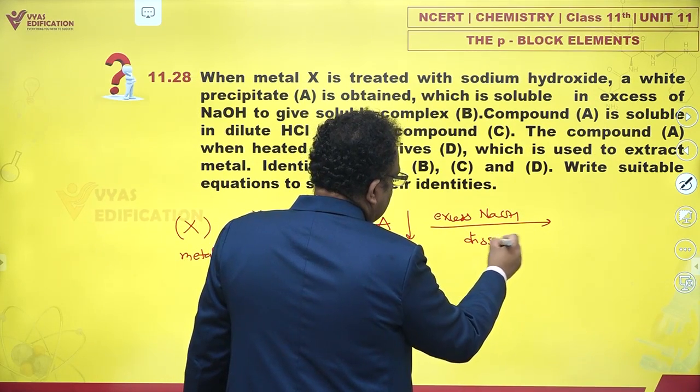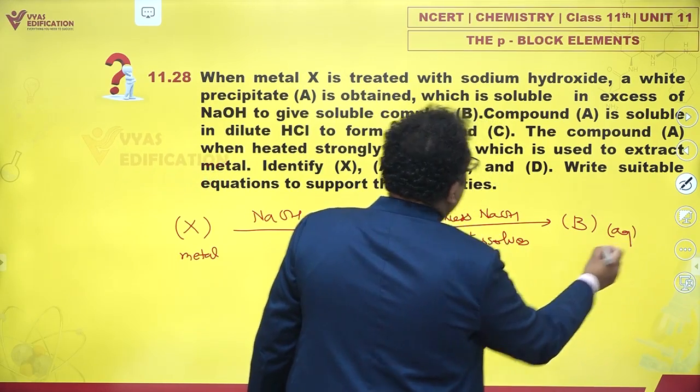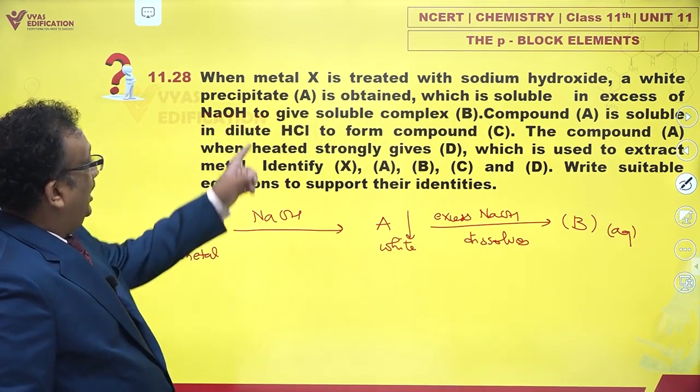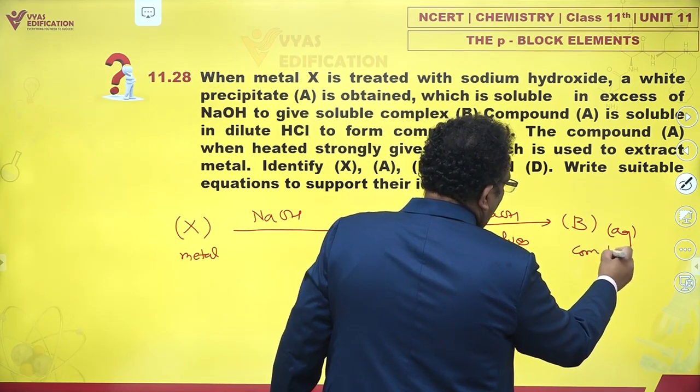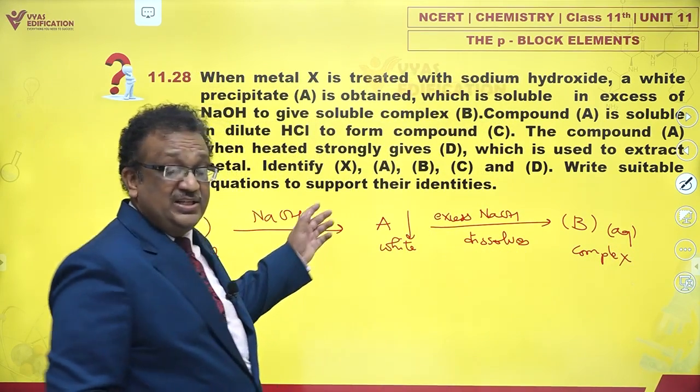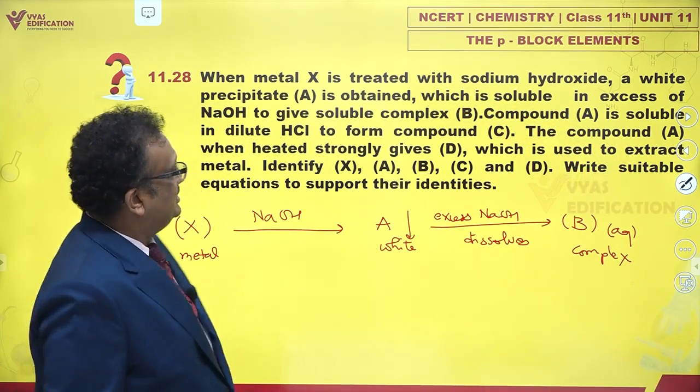This dissolves, giving an aqueous solution B. And it is a complex. Well, B is a complex. How lovely. And since excess NaOH is giving it, it should be preferably a hydroxo complex.